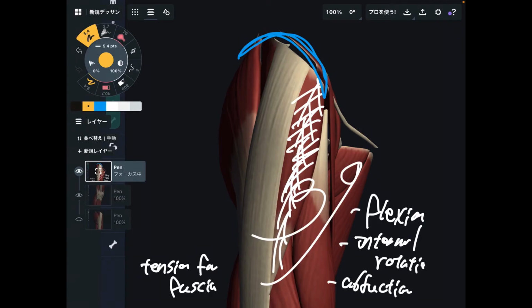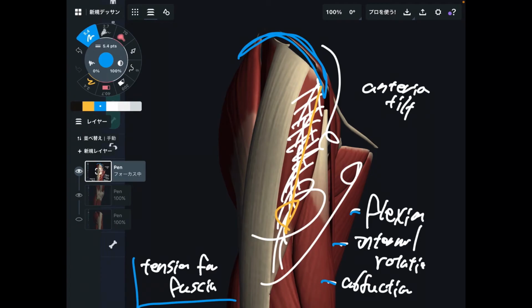What if this muscle pulls the pelvis this way, the inferior way? What would happen? That brings the pelvis to anterior tilt. Oh my gosh, so many functions for the lower extremity. For the hip joint, flexion, internal rotation, and abduction. Plus that tenses up fascia lata. For the pelvis, that does anterior tilt.